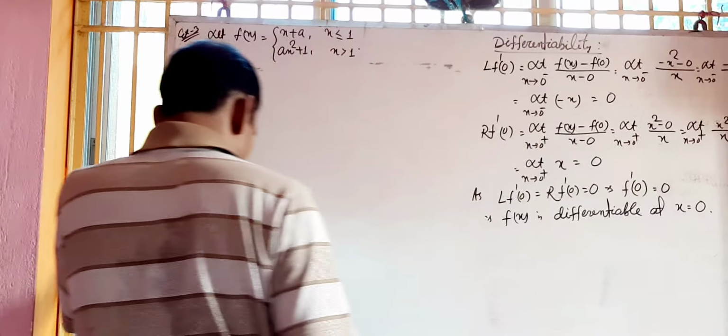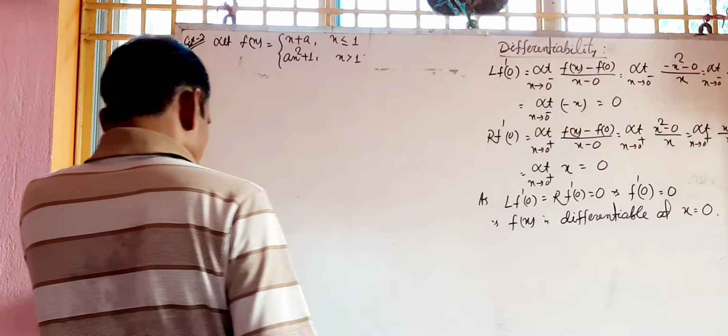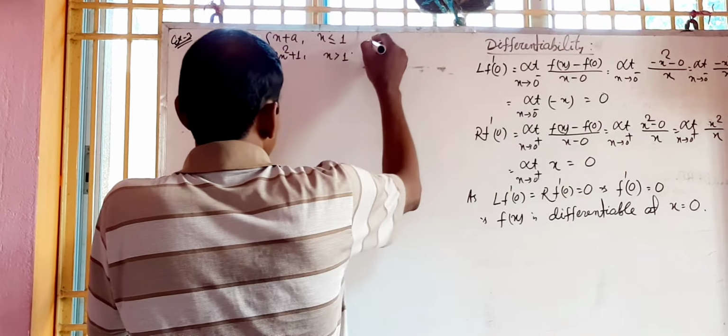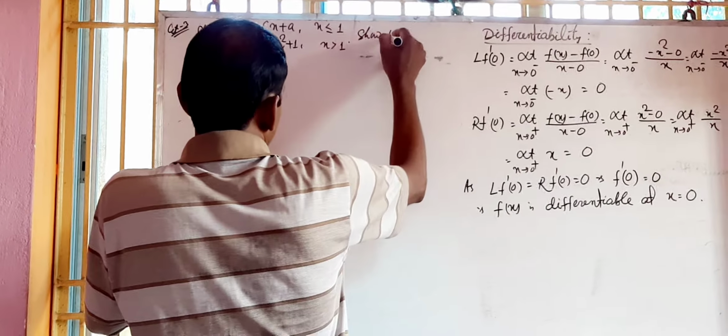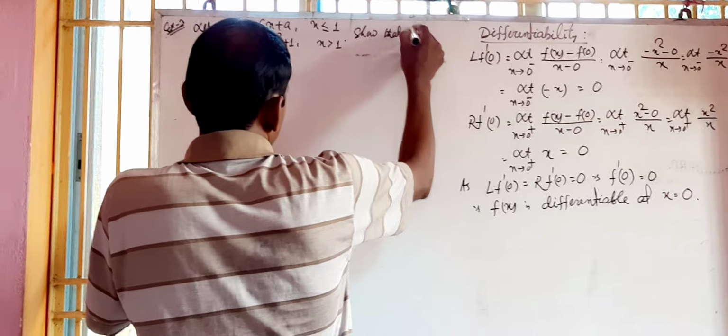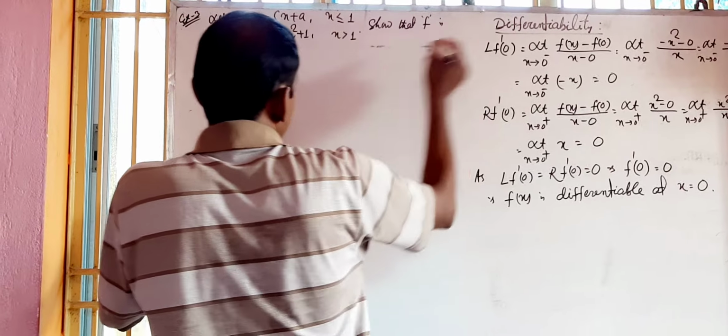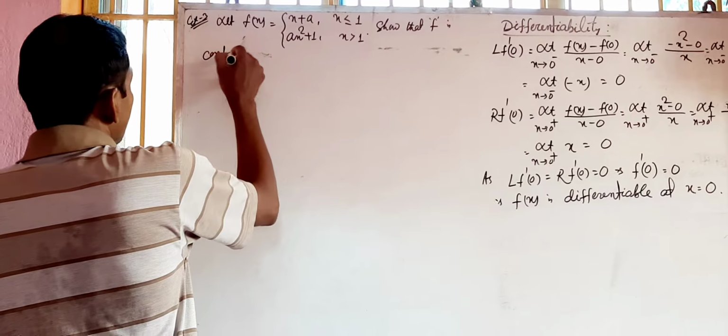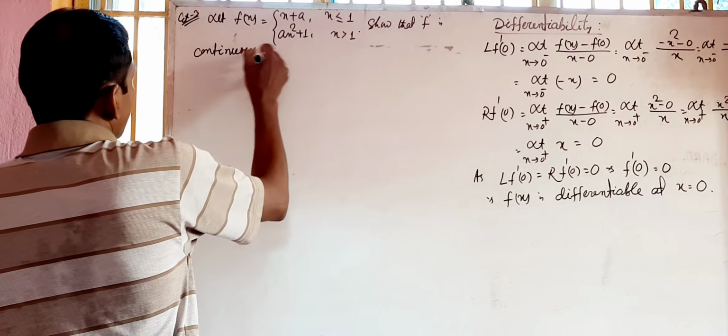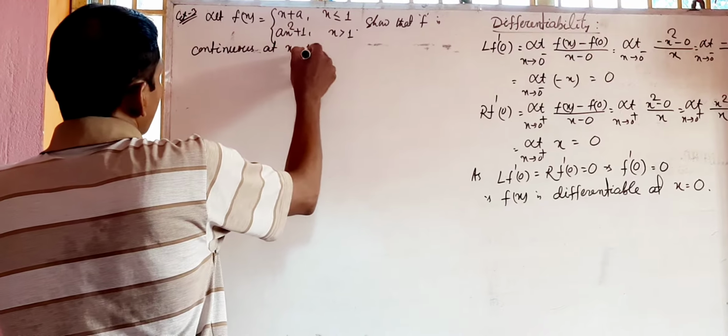Find the value of a so that f is continuous at x equal to 1.